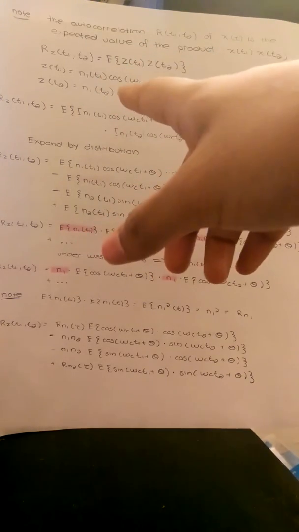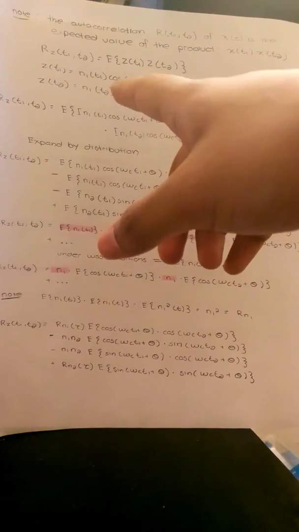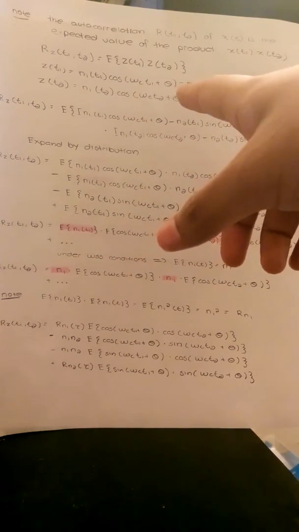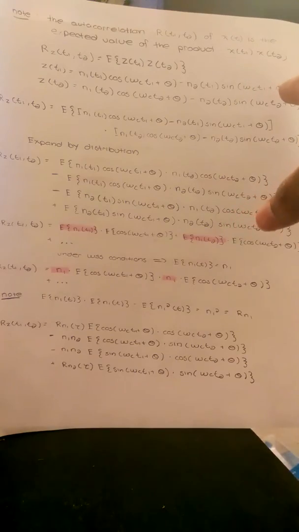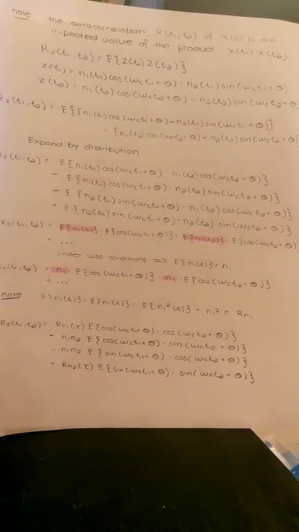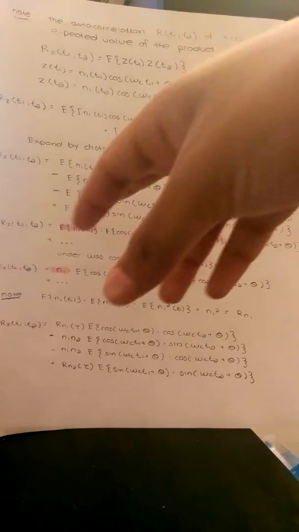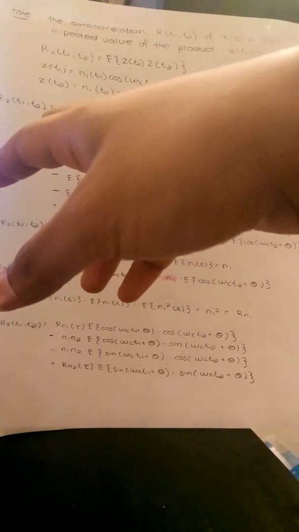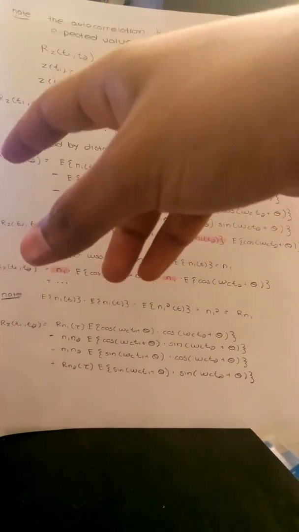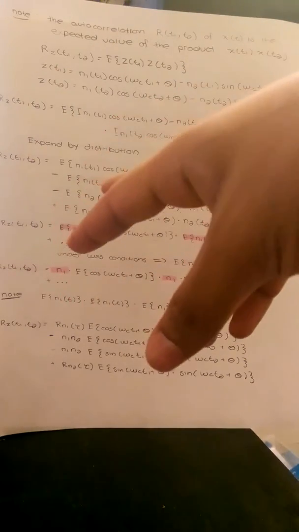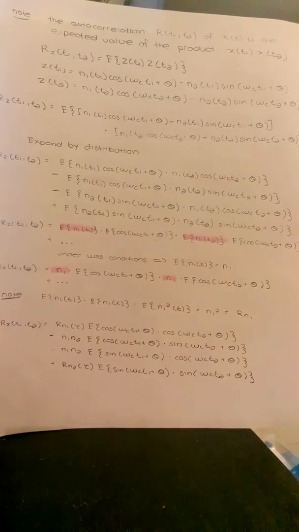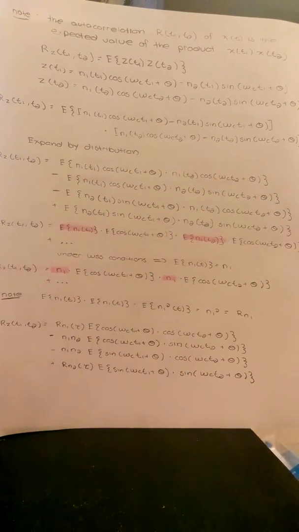Z(t1) is N1(t1) cosine(ωc t1 plus θ) minus N2(t1) sine(ωc t1 plus θ), and Z(t2) is the same thing, substituting t2 in place of t. Then we can expand by distribution, and we'll have the expected value of N1(t1) cosine(ωc t1 plus θ) times N1(t2) cosine(ωc t2 plus θ), and you can work out the rest by yourself.